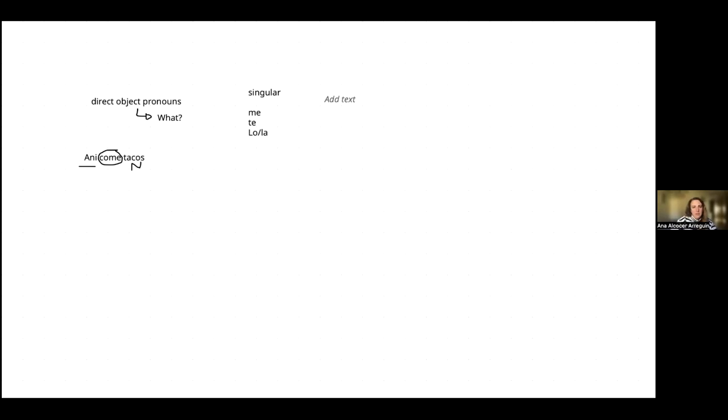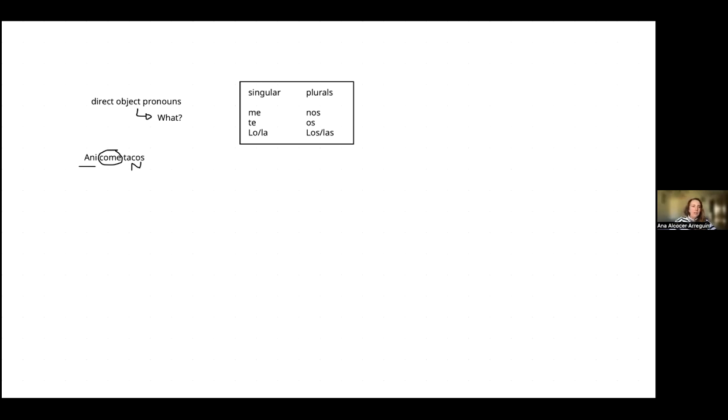What happens with this is that we're going to use these to replace the noun. A person can be a direct object noun. That's why we have me, te, nos, os, and also lo and la, los and las can be talking about a person.